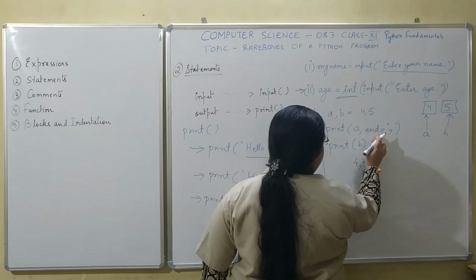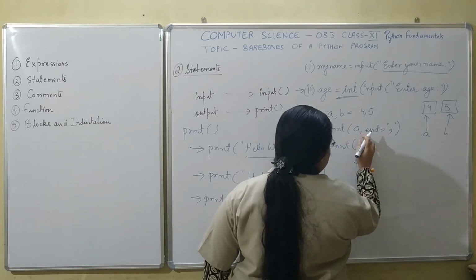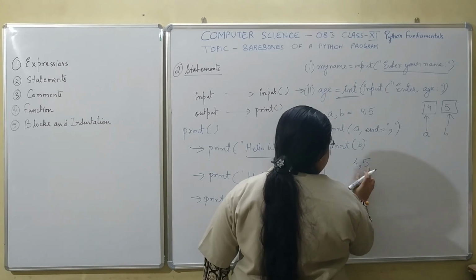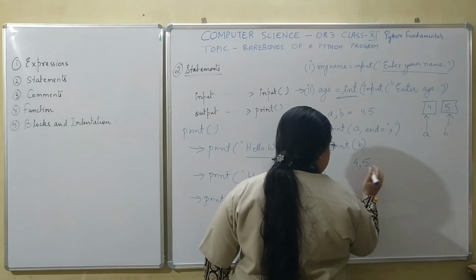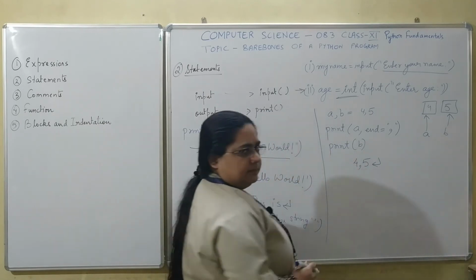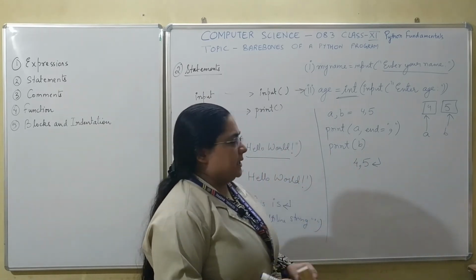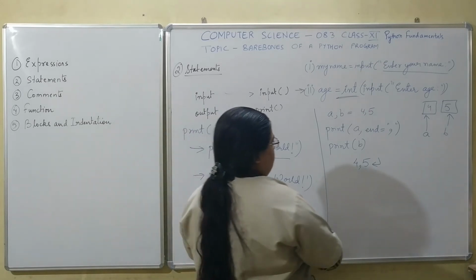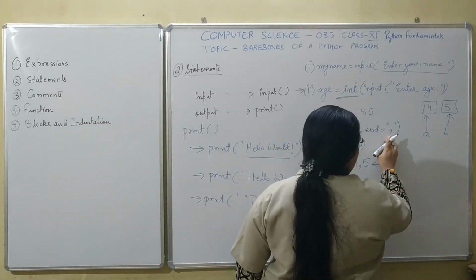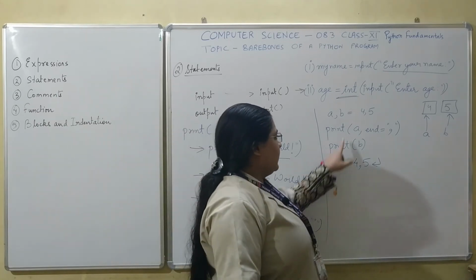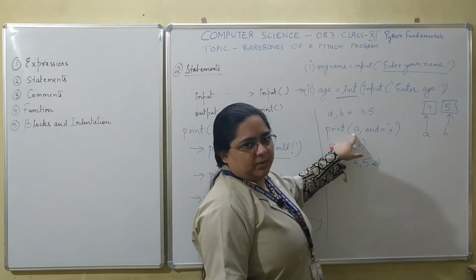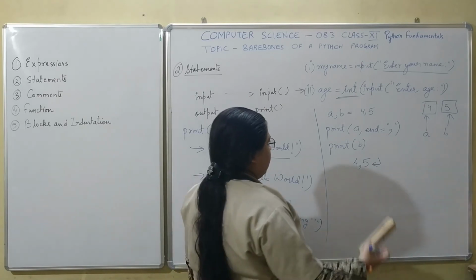I have written a, then end, comma, that is after printing a there should be a comma, and then next line there is a b, print b and change the line. This is the meaning of this statement. So whatever character, whether printable or non-printable, you insert in end, that would be printed after whatever you have provided over here.